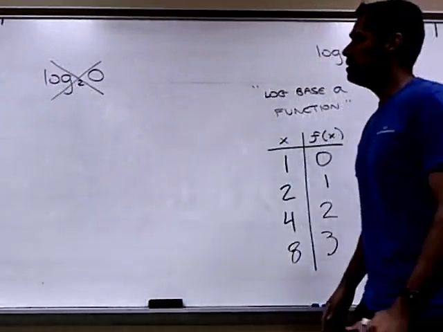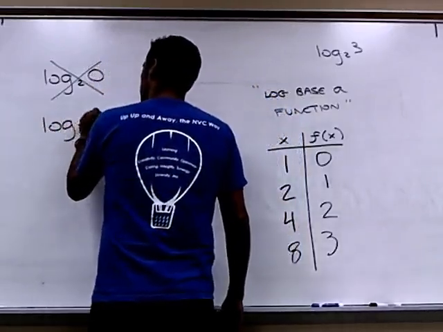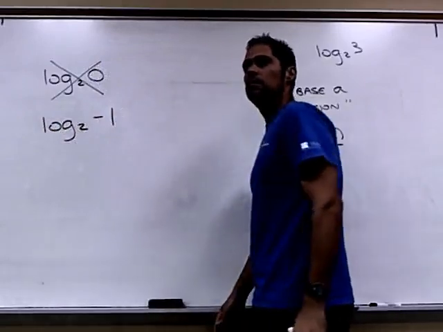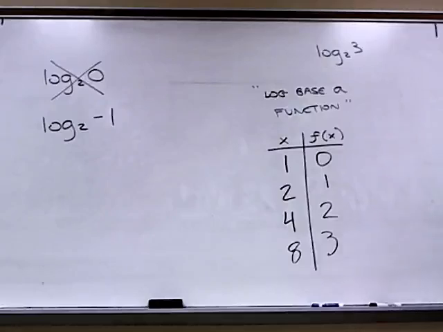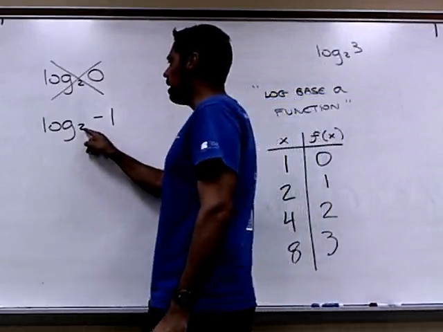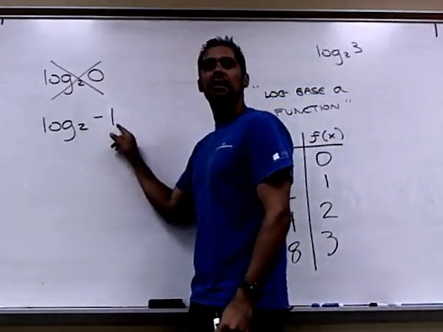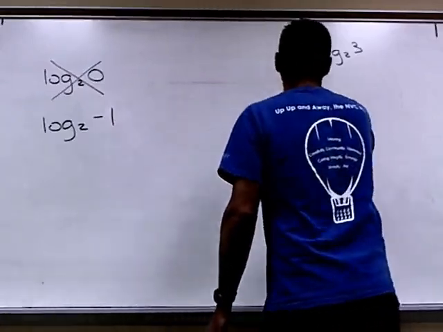In fact, not only does 0 not work, but if you try a negative number, it will not work. Because 2 raised to any power can never be negative. Why is this true? I'm trying to make a connection to last class.